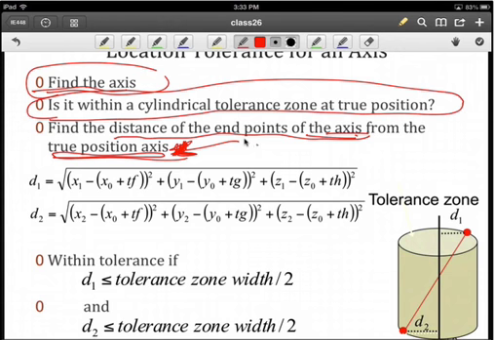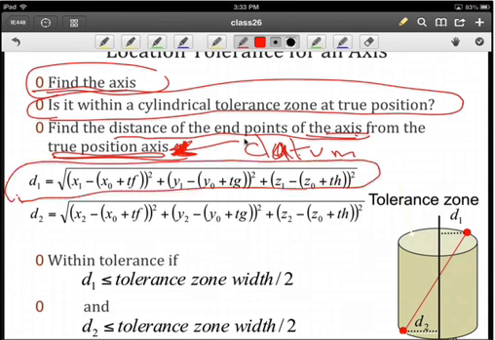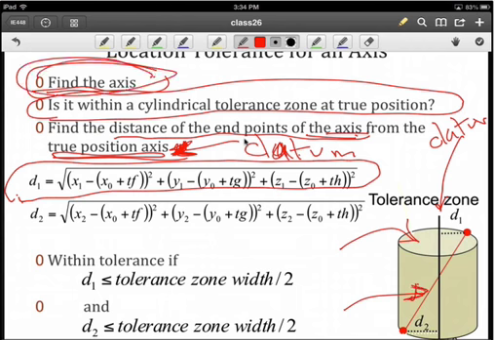So if I know the datum axis, similar to what we did before with B, then all I have to do is find the distance from the endpoints to that axis. And so as you can see here, I have a datum axis similar to B, and then I have a tolerance zone that I have centered on B. And now I have my actual axis that I've determined here.